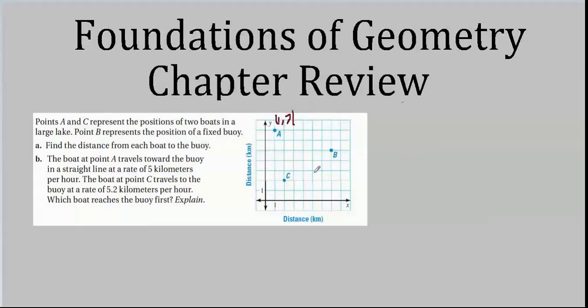And I would call this the 0.7, 5. And C, well, that's a 2, 2. Now what we need is this distance and this distance.